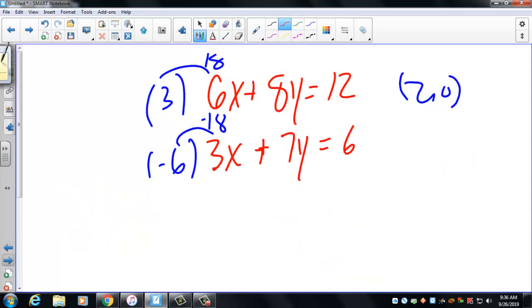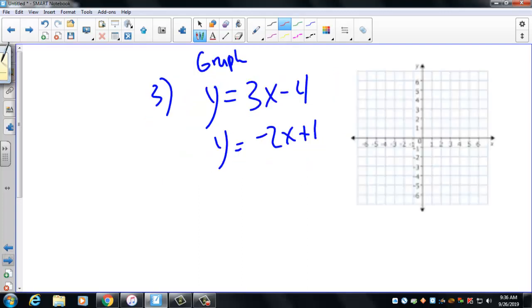All right, solving by graphing. When you solve by graphing, you graph both lines, and then you look for the point of intersection. 3x minus 4 has you down here on negative 4, up 3 over 1, and you have this line, which is not drawn very well, but you get the picture, right?